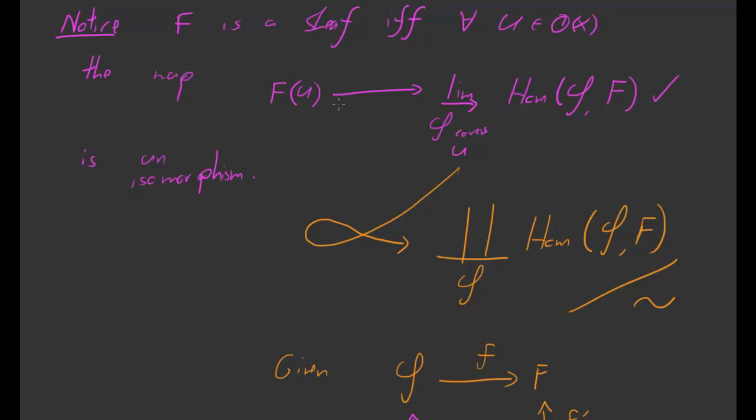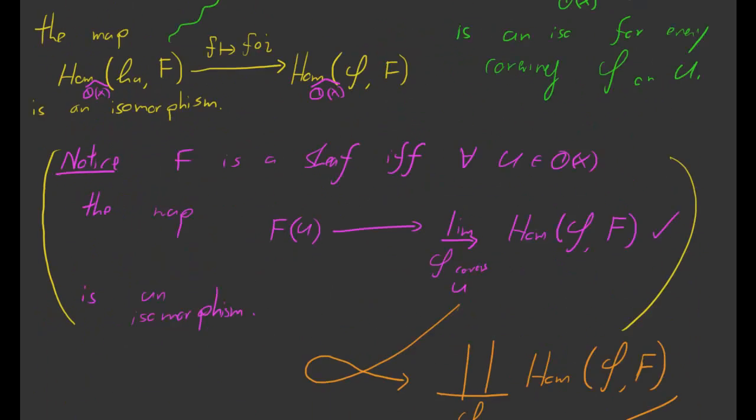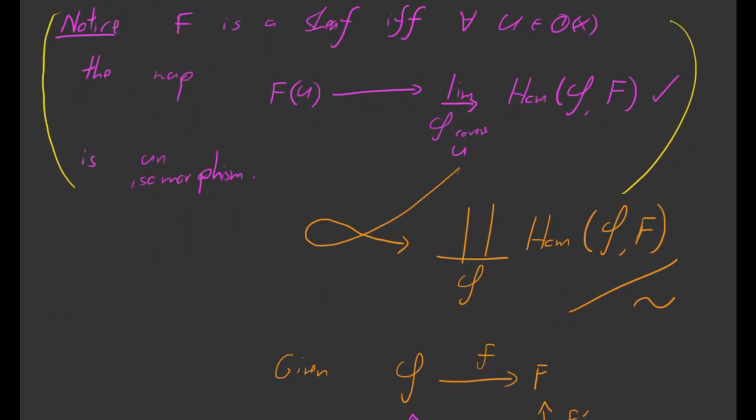Okay, so remember the whole point of doing this was that we didn't want to have to check this definition for every individual covering sieve. We wanted to take all of those conditions on individual covering sieves and put them into a single condition. And that's what we did here. So we now know that F is a sheaf if and only if for all U inside of X this condition holds.